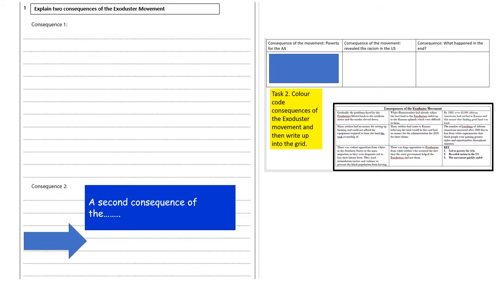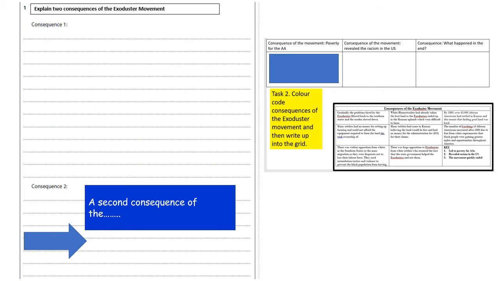Okay, so on to the write-up phase of our question. You should have already looked back at your work and looked at task 2 from last lesson. So you should understand that there were 3 consequences for African Americans of the Exoduster movement.